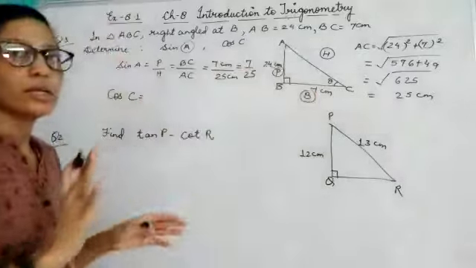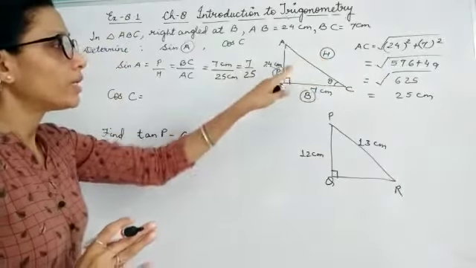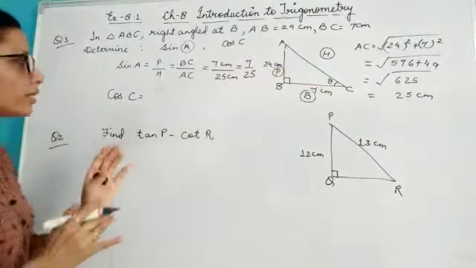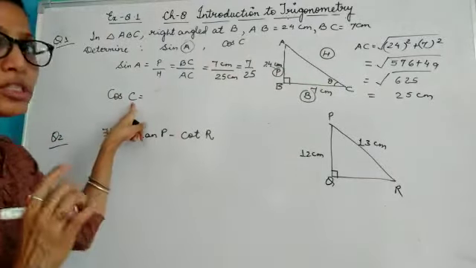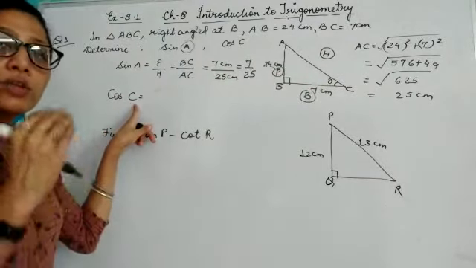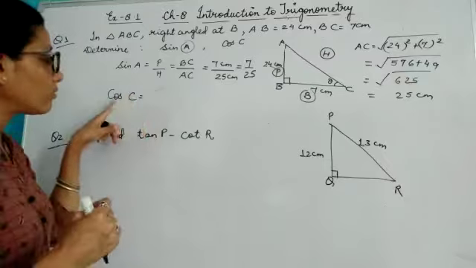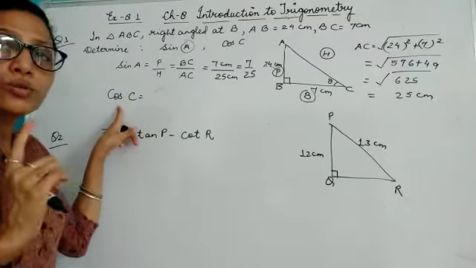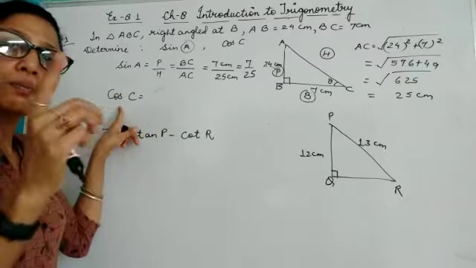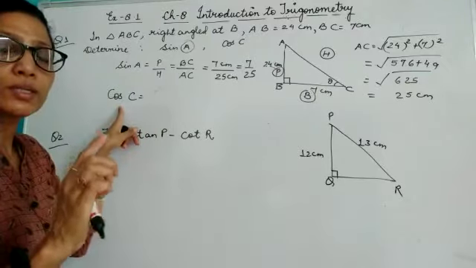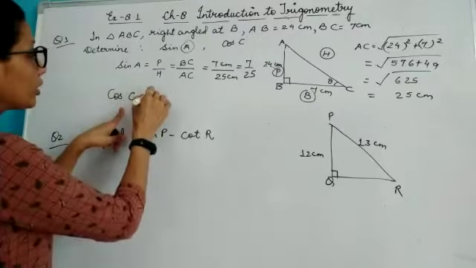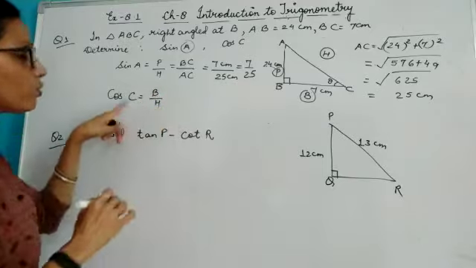Hypotenuse will remain at this position only because it lies always opposite to 90 degree. Now if I want to find out cos C, I need to remember that ratio of which two sides gives me cos C. So I told you to remember it by Pandit Badri Prasad. So B for Badri, that means B by H. So B by H will give you cos C.